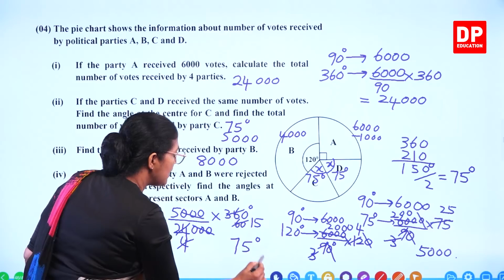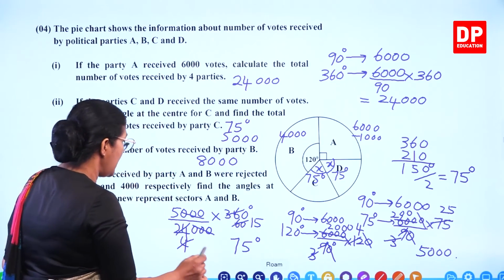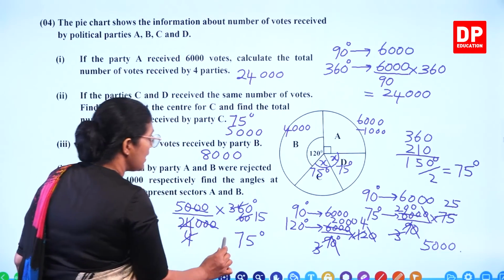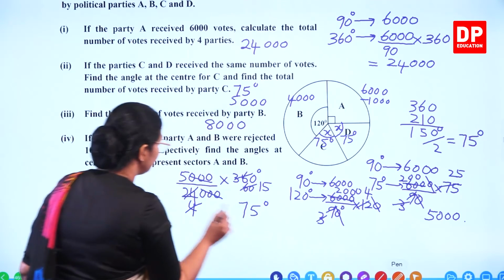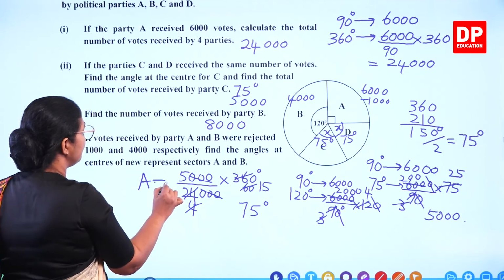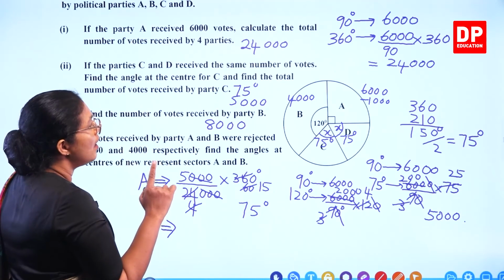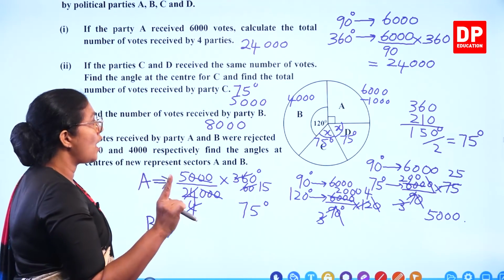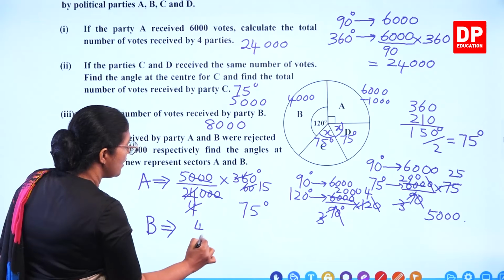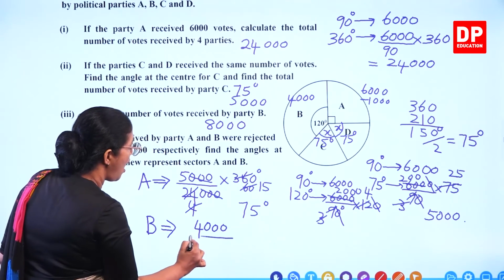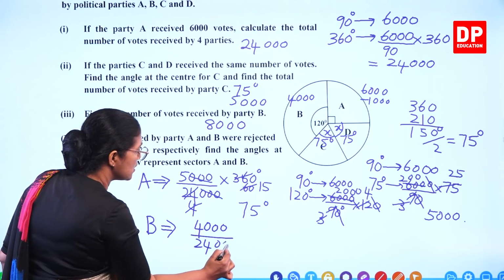So the new angle for party A is 75 now. This is for party A. What about the party B angle now? 8,000 minus 4,000. Now the new number is 4,000 out of 24,000.